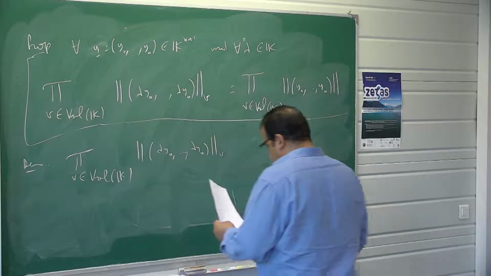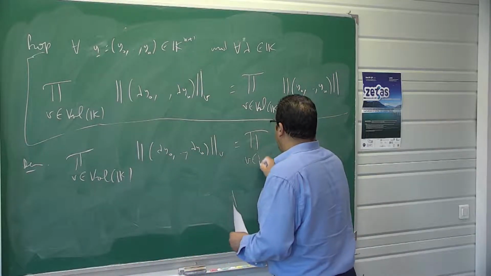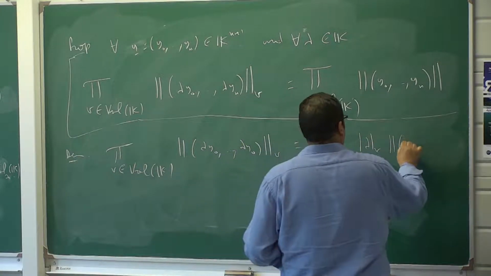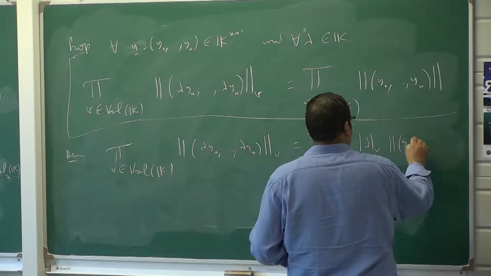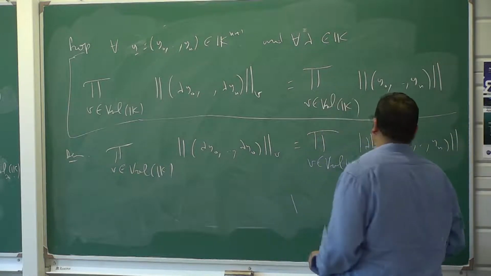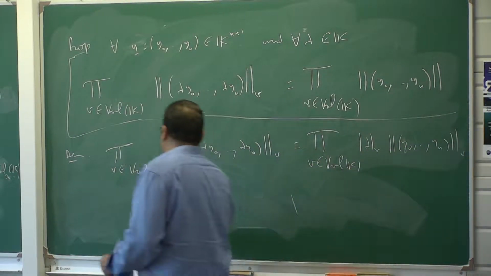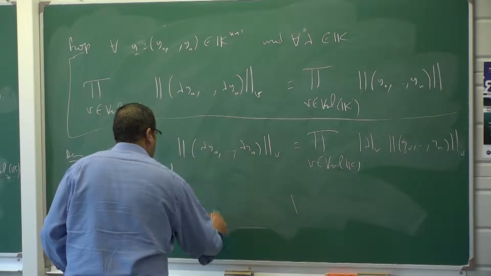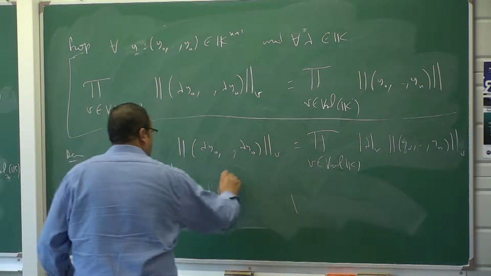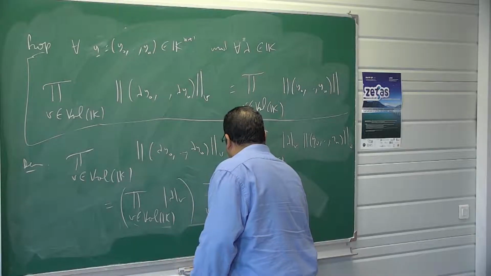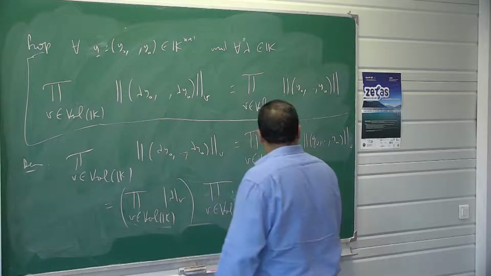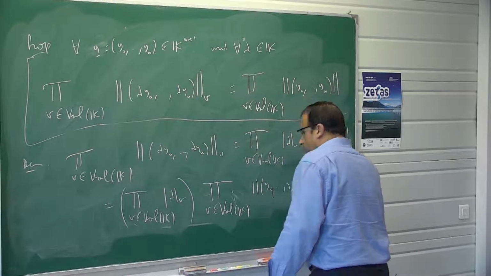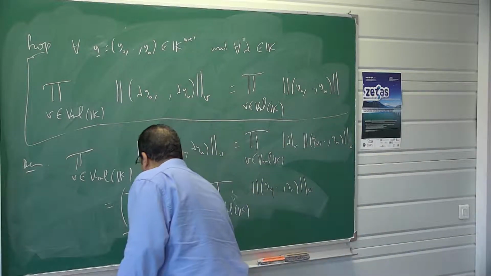So this is equal to the product on v of |lambda|_v times the norm of y, and this is equal to the product on v of |lambda|_v, times the product on v of the norm of y, and by the product formula this is equal to 1 times the product of the norm of y.